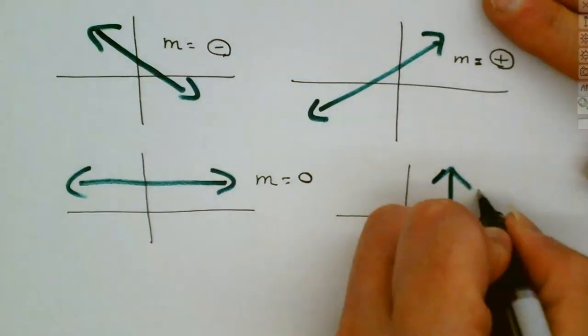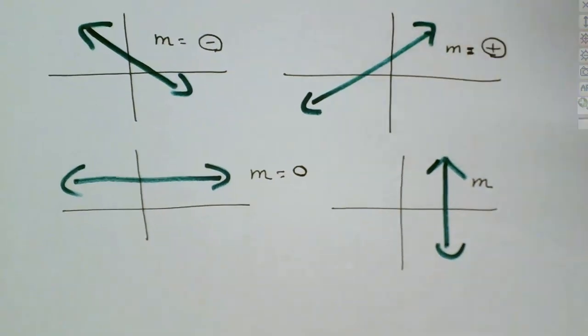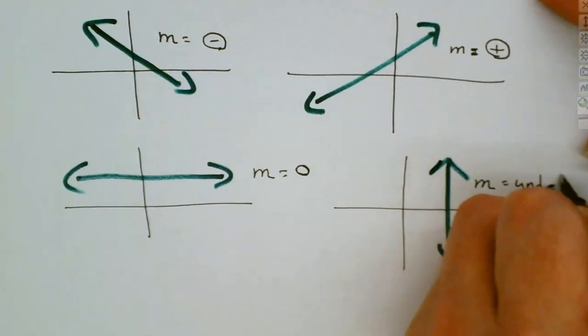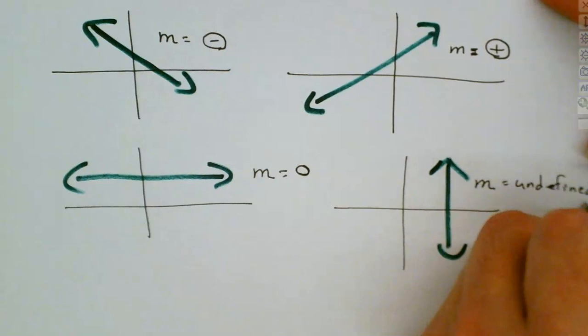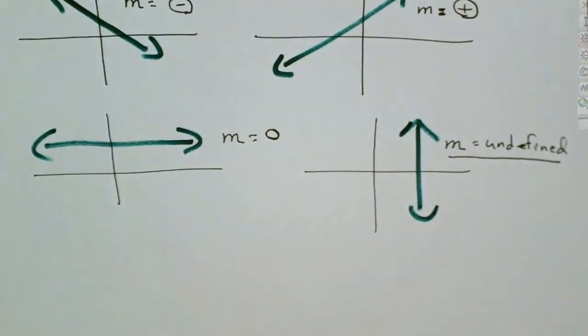Vertical lines, though, are the opposite. They have no run. So you're going to be dividing by 0. So these are undefined. So this one would be undefined. It has an undefined slope.